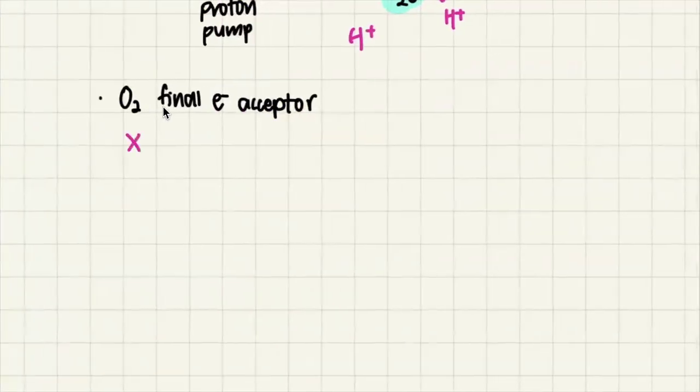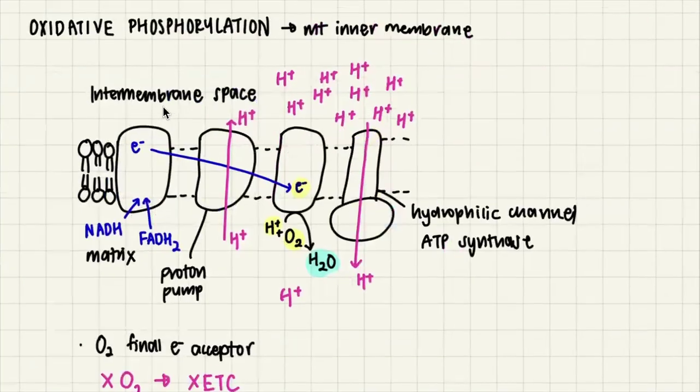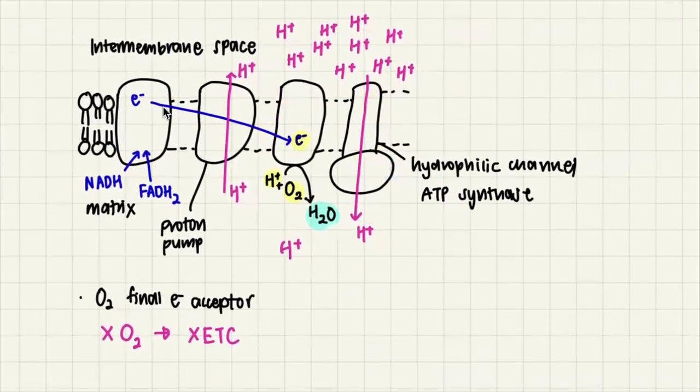So no more oxygen means no more electron transport chain, because you need your final electron acceptor to accept all of your electrons. If not, your electrons are just going to build up in your electron transport chain and they cannot flow down the electron transport chain. So this will have implications on your production of ATP.